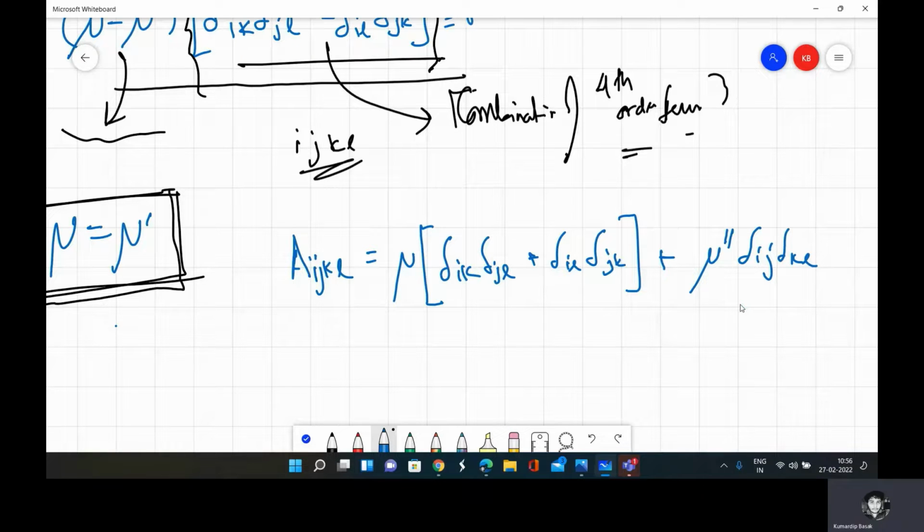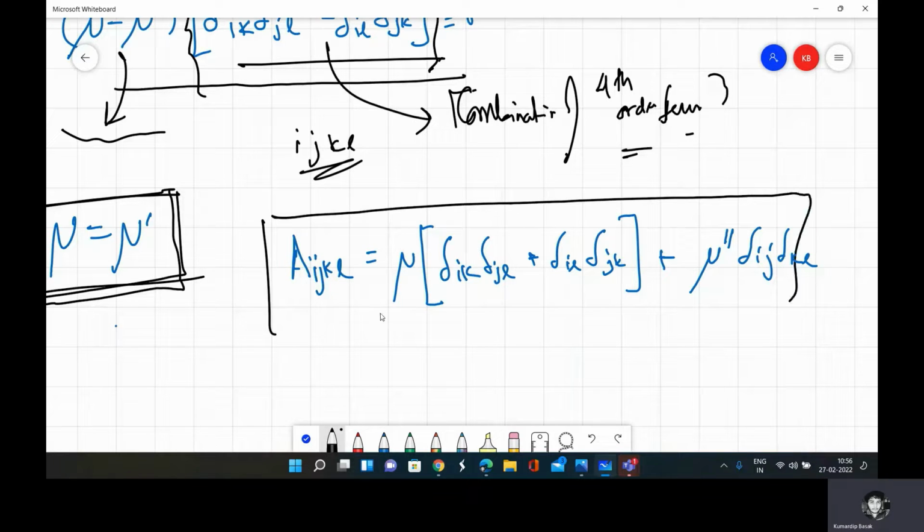We can easily get this, right? So I am making a box here. Sorry, that box is crossing. That's fine.